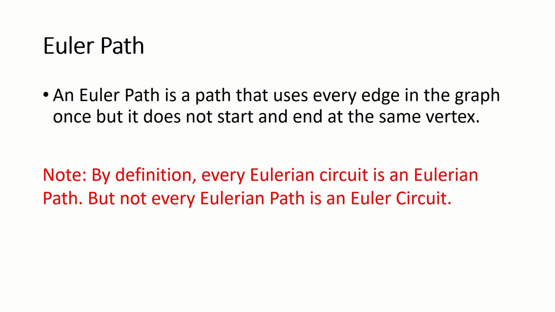Now let's go to path. An Euler path is a path that uses every edge in the graph once, but it does not start and end at the same vertex. Because if it starts and ends at the same vertex, we now call it an Euler circuit. So in short, by definition, every Euler circuit is an Euler path, because an Euler circuit is a closed path, so it's still a path.